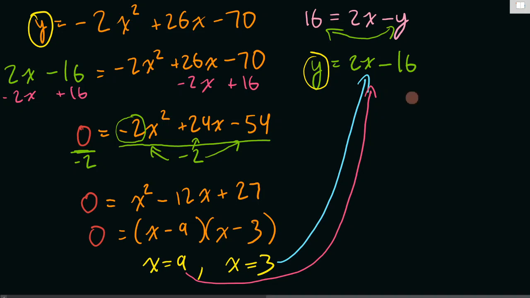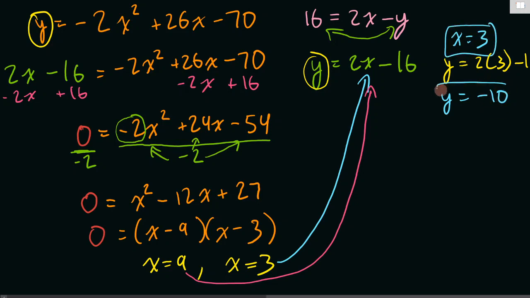So if x equals 3, then we have y equals 2 times 3 minus 16. So y is 2 times 3 is 6. 6 minus 16 is negative 10. So there is one of your points, 3, negative 10.